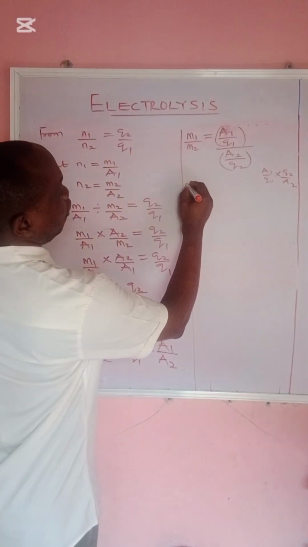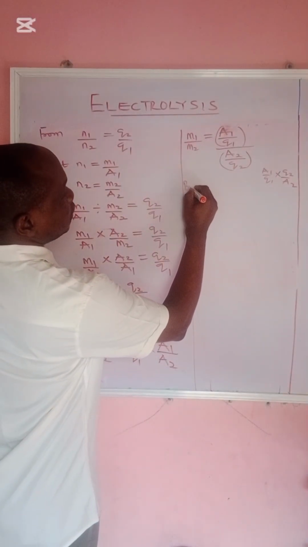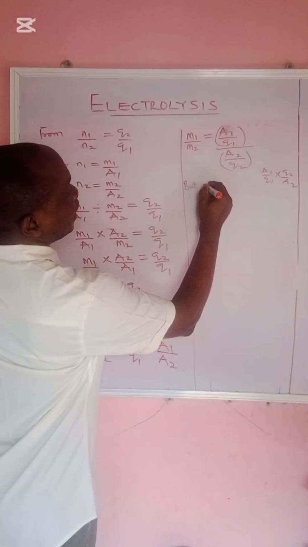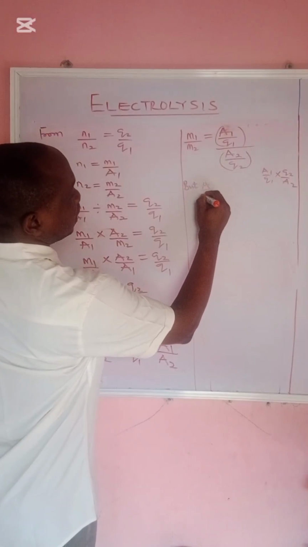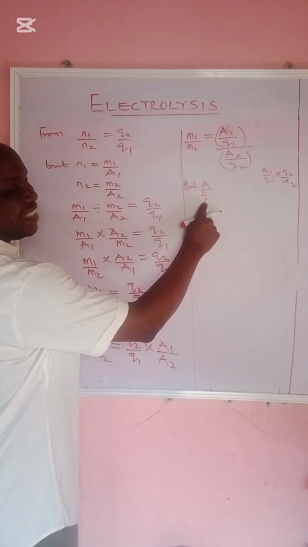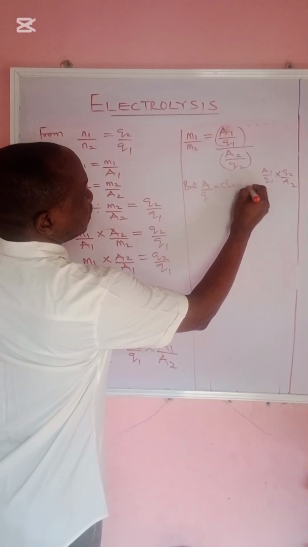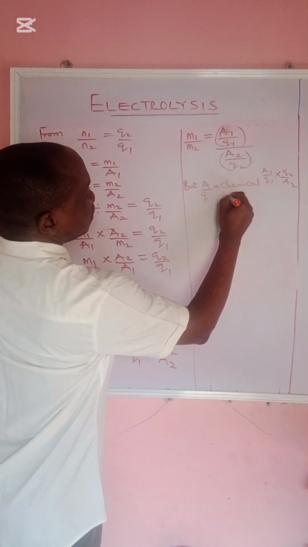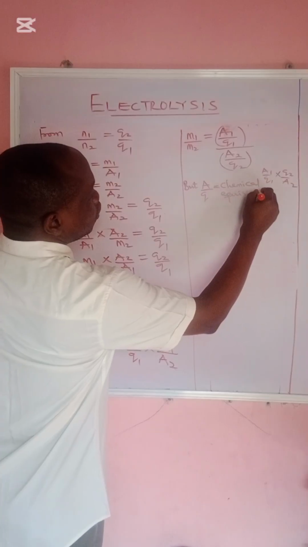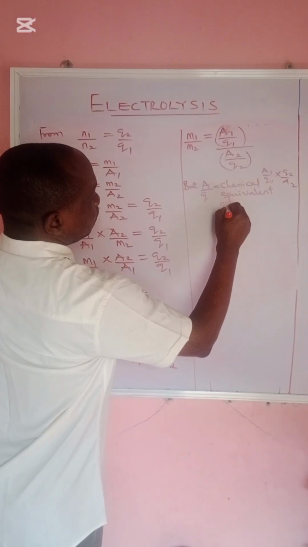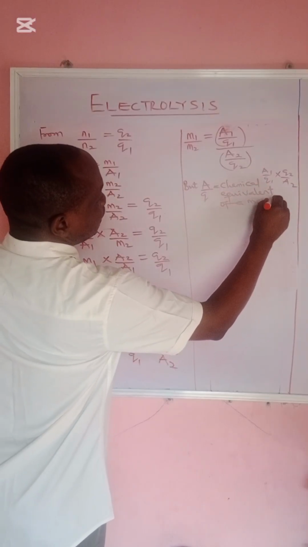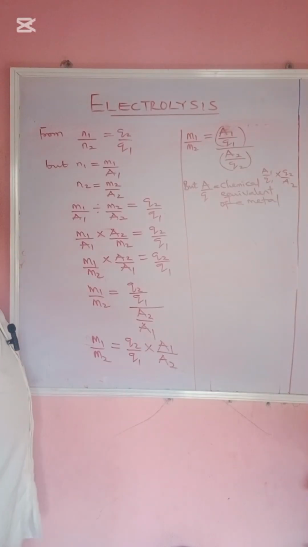So recall, A all over Q, atomic mass all over charge. This is what we call chemical equivalent of a metal. It's not the same thing as the electrochemical equivalent. We call it chemical equivalent. Please take note of that.